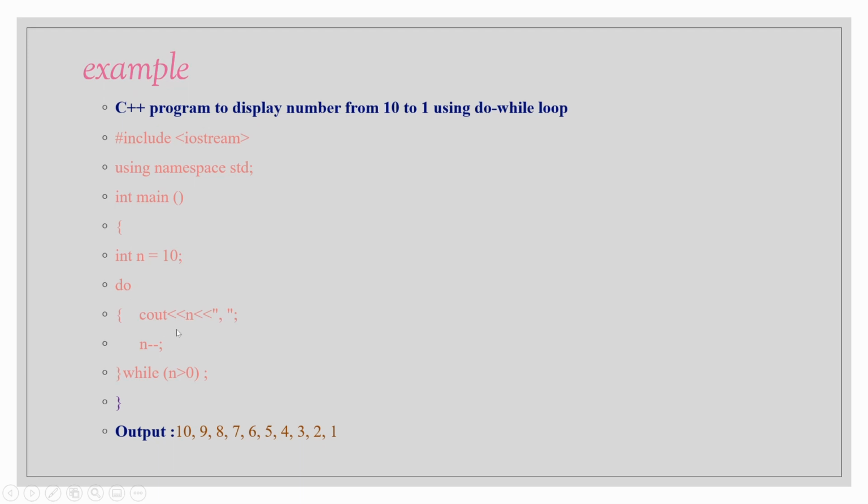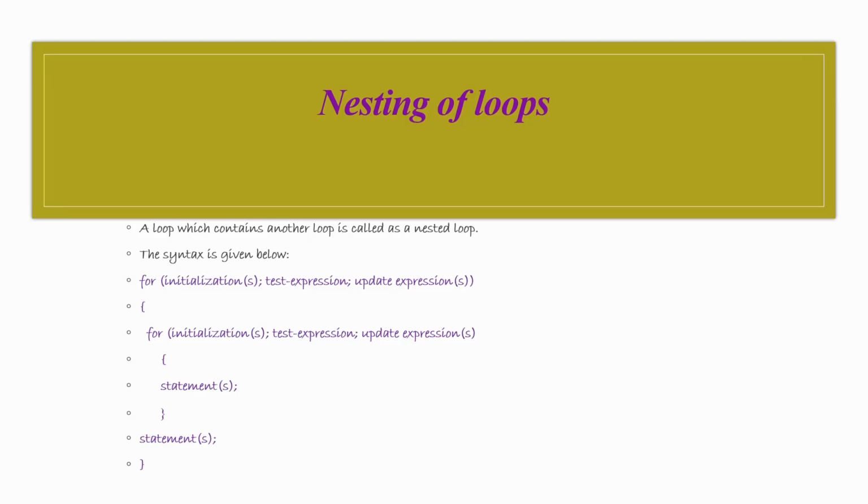So cout n means it's going to print n for the first time, and then n minus minus means it will be reduced by 1, and then the condition will be tested. So while n greater than 0: n was 10, and after n minus minus it is 9. 9 is greater than 0, true, so it goes into the body of the loop again. So this is how the do while statement works.